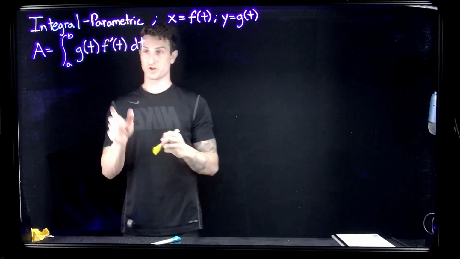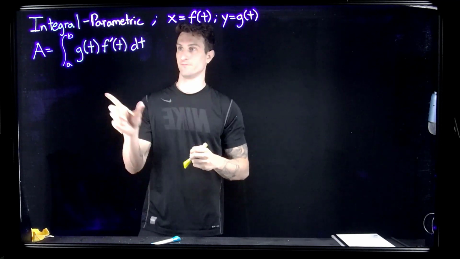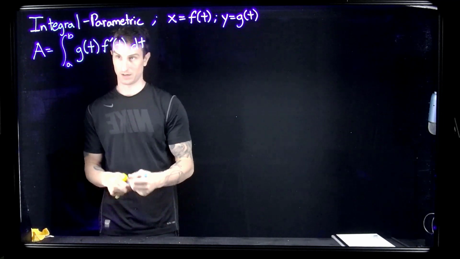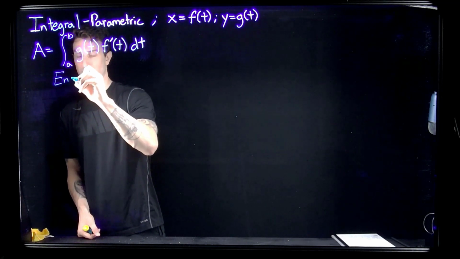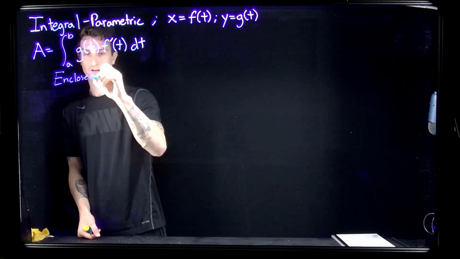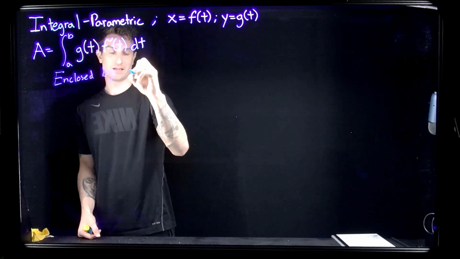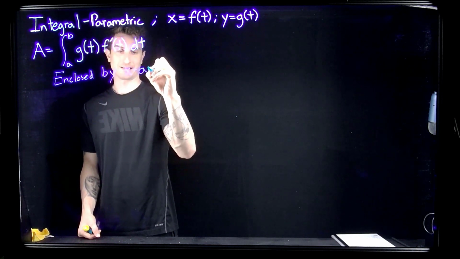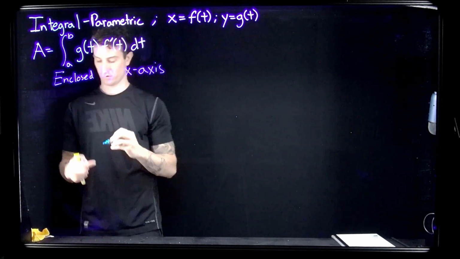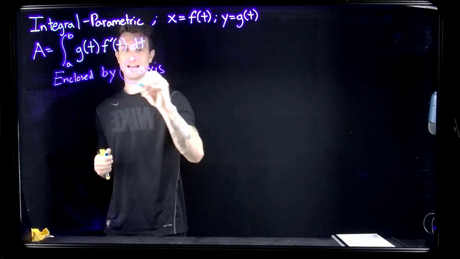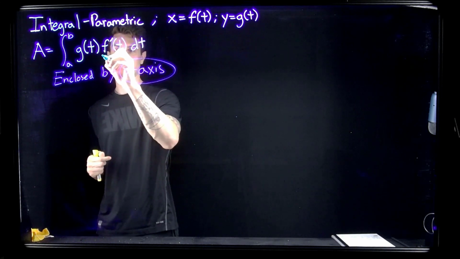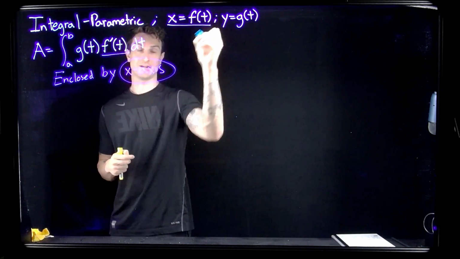Now the question might be, why is it f prime? Why does f get the derivative? Well, the reason is, if it says enclosed by the x-axis, the relationship we want to make is that we are taking the derivative of whatever x is here.